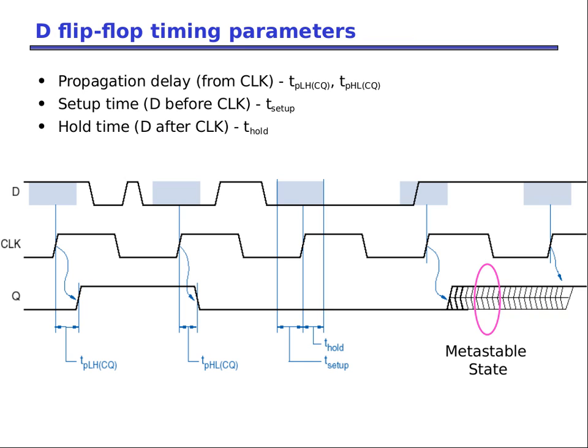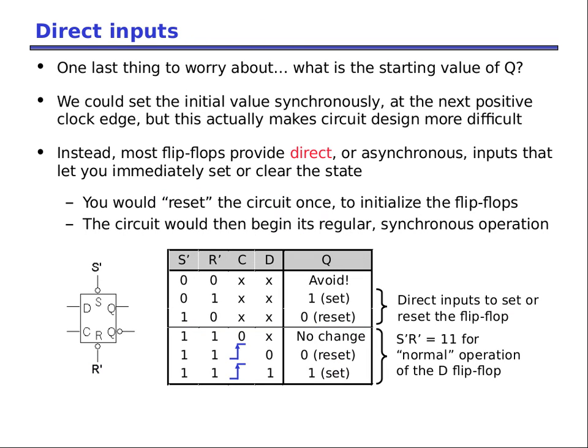Here's some more timing numbers. We actually don't care about that too much right now. One last thing to worry about: what is the starting value of Q naught? This is very common: in your processor design, you'll have a mask for your clock to make sure the clock goes to your different parts at the same time.